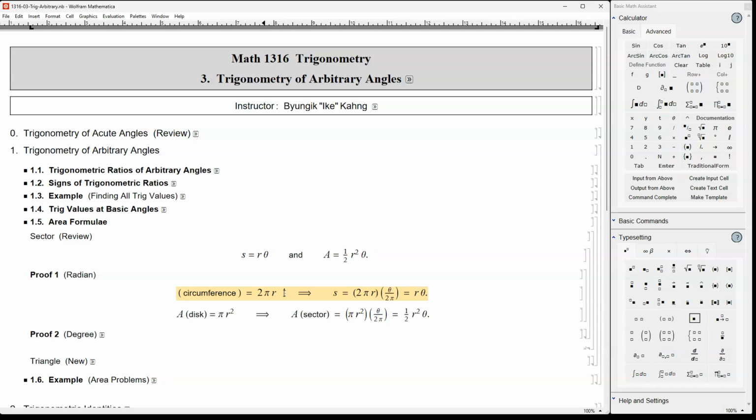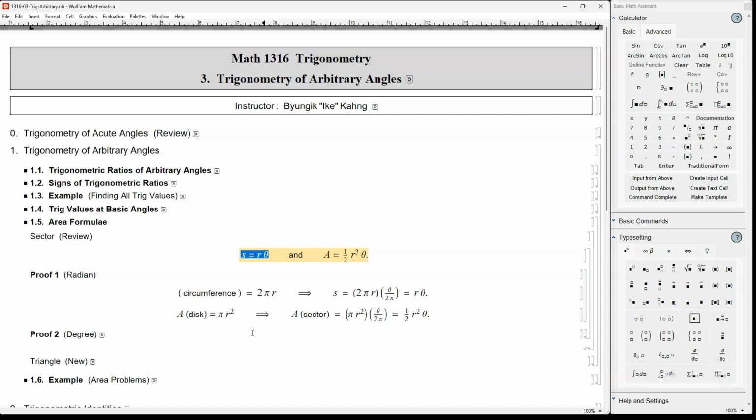But if you have just a sector, then we don't claim entire circumference. How much portion? Theta radian out of total 2 pi. That's the ratio you have to multiply and simplify. You get r theta. It's a bit easier to understand it this way rather than going directly to the definition of theta, defined as S over R, dimensionless quantity, those kind of business.